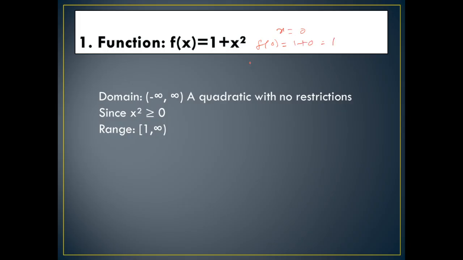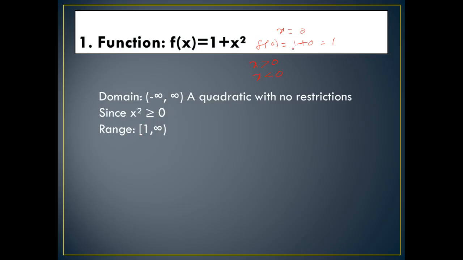For x greater than 0, f of x will be a positive value. Even for x less than 0, the negative values of x, x square will be a positive value. So the range will be 1 to infinity, including 1.